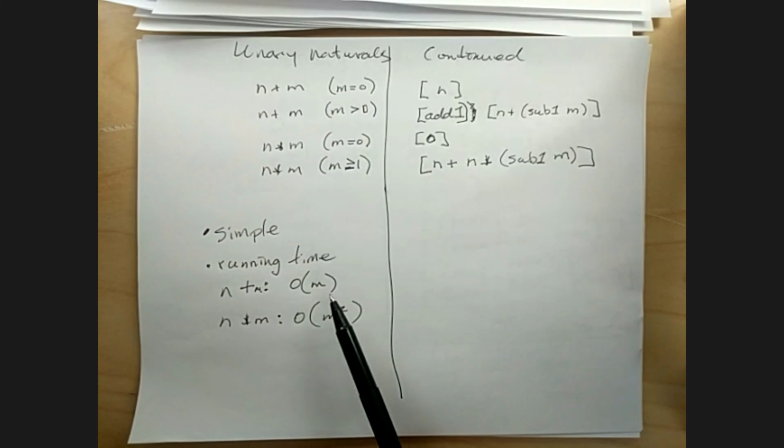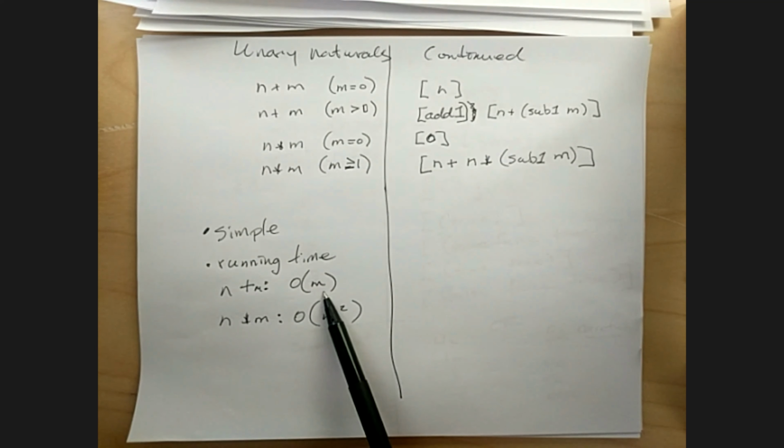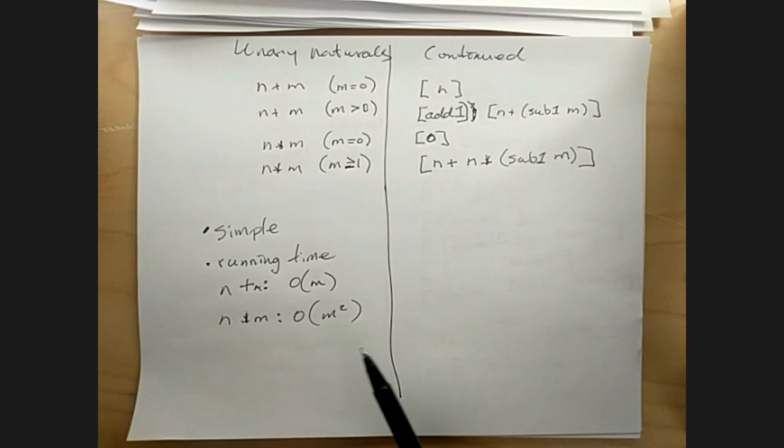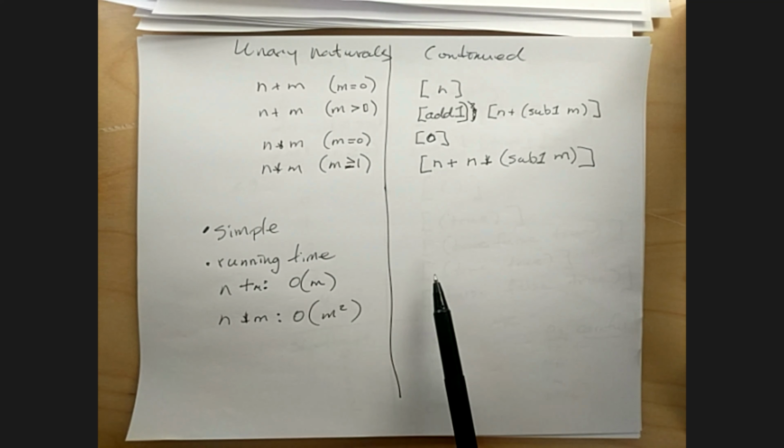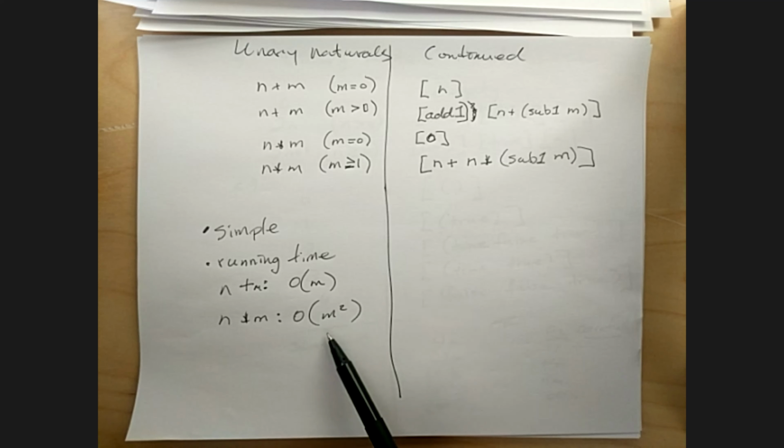So it's going to take O of m time. If you want n times m, it's going to take O of m additions, and each addition is going to take O of m time. And so it ends up being O of m squared time. So the running time for doing computations on unary list representations of natural numbers is fairly atrocious.